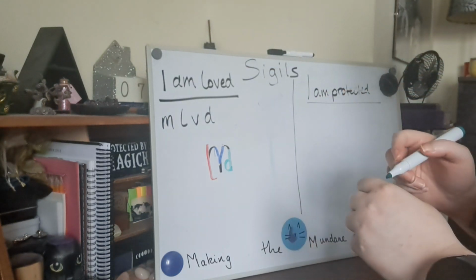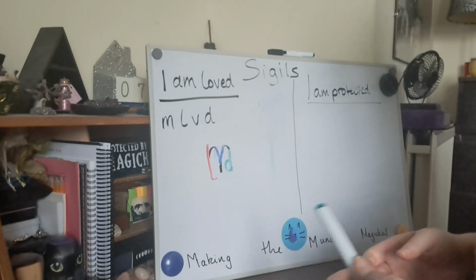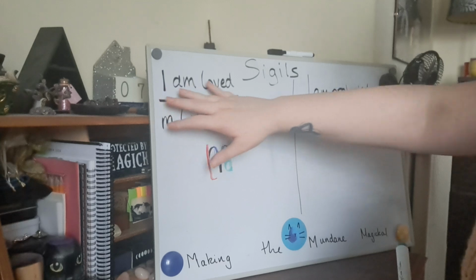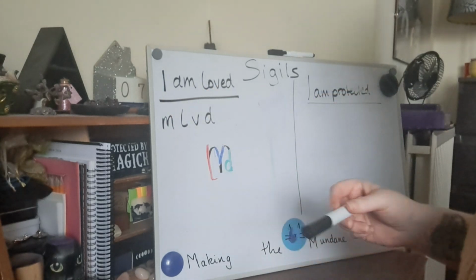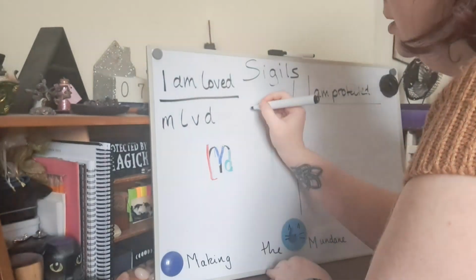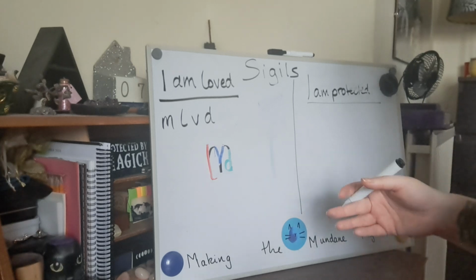I tend to do lowercase more than uppercase. So as I write, that's how it's going to come up. I don't tend to go in for capitals, so I steer clear of those. Just personal preference.